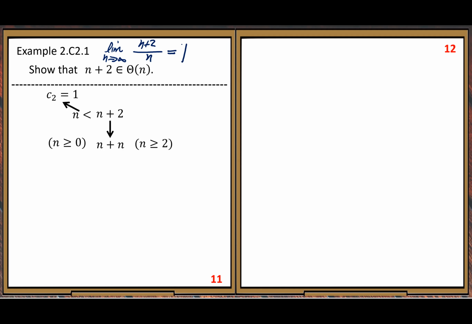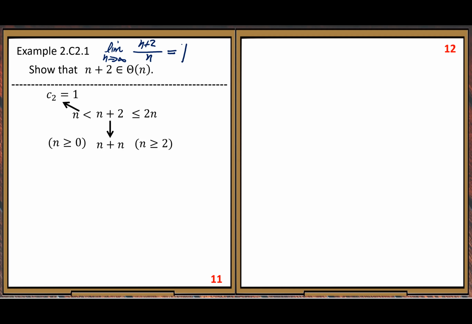Under this condition, when n greater or equal to 2, it is larger, right? When n greater or equal to 2, we replace 2 by n, it becomes larger. We use this function as the upper bound function, 2 times n.